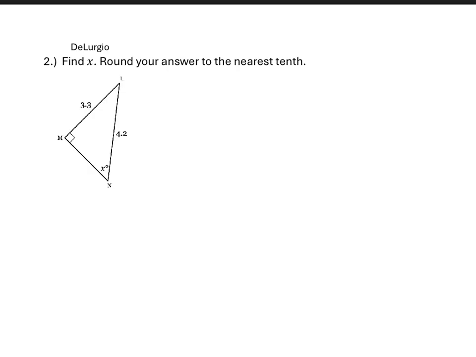So let's set this one up. Here's our theta. We're looking for that angle measure. We have an opposite and we have the hypotenuse, meaning we should use sine. So we're going to say sine of x is equal to opposite over hypotenuse.